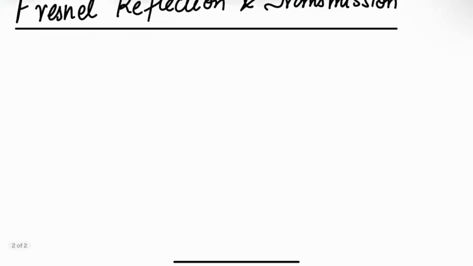Okay, so what kind of problem are we looking at? We have some kind of a dielectric interface, which means that I have two media. One medium is, let's say here, mu1, epsilon1, and then we have mu2, epsilon2, two different media.